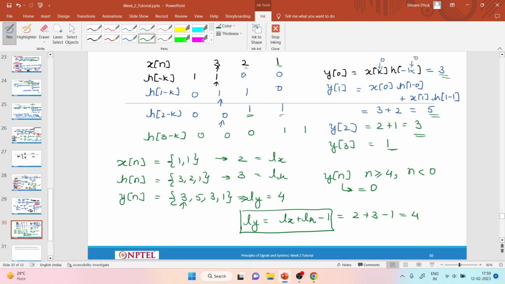Another thing that we can look at is the indices. This is 0, 1 for x, and 0, 1, 2 for h, and 0, 1, 2, 3 for y. The starting index of the output is the addition of the starting indices, that is 0 plus 0, which is 0, and the last index is the addition of the last two indices, that is 1 plus 2, which is equal to 3.